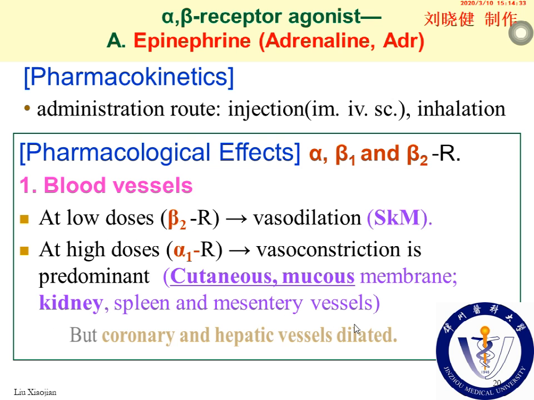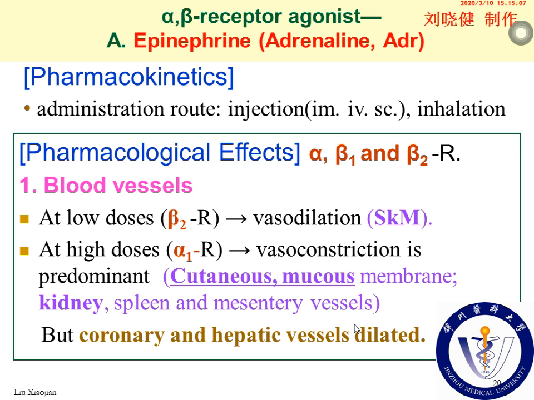First one, blood vessels. I told you, for this agonist, different types of receptors have different sensitivity. Usually, beta receptor is more sensitive than alpha receptor. So when this drug is used at different doses, the effects may be different.